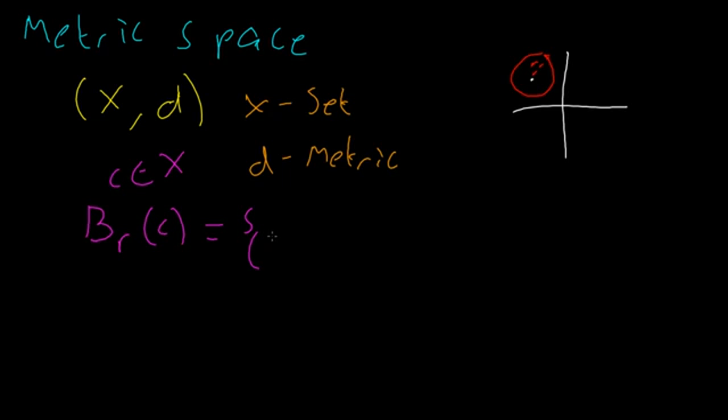It's going to be the set of points x in X which are at most r distance, well, less than r distance from C. So these are all the points x which are within r distance of our point C, and that should be a pretty intuitive concept, right? It's a ball of radius r around a point C.